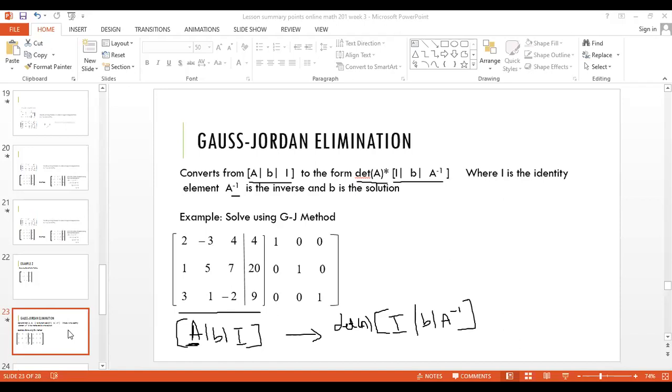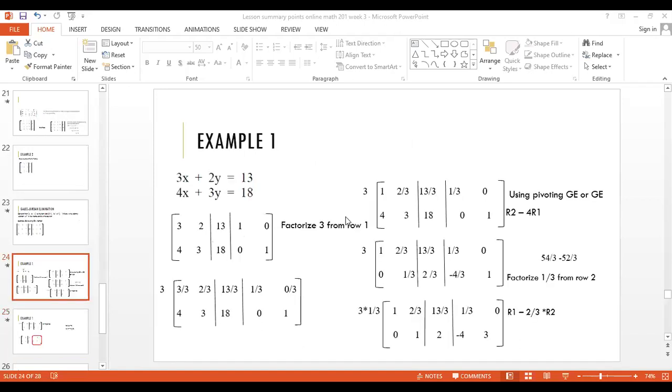Just study the system a bit, or just look at it briefly and then I'll do the explanation. Give me a minute. Yeah, I'm back.